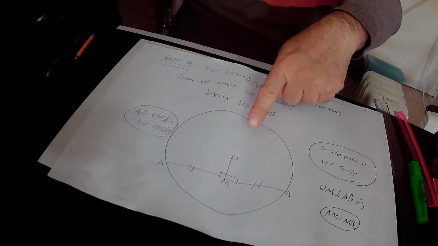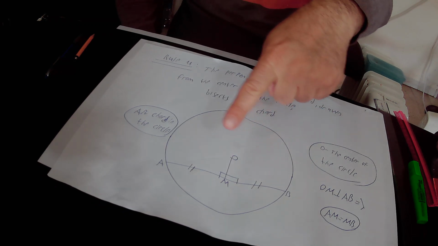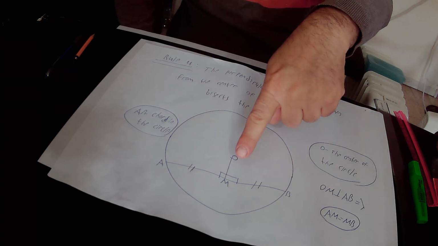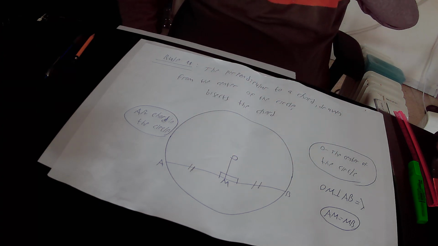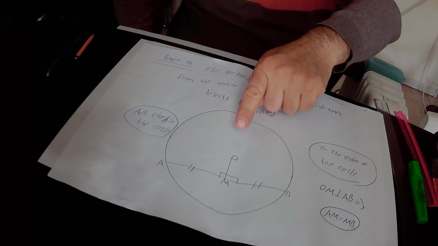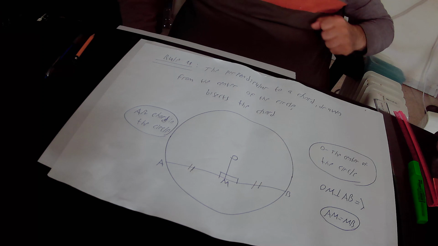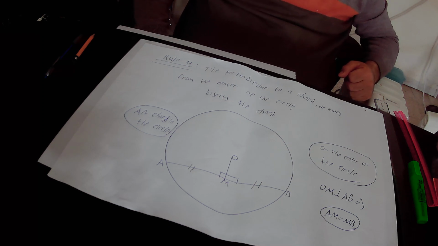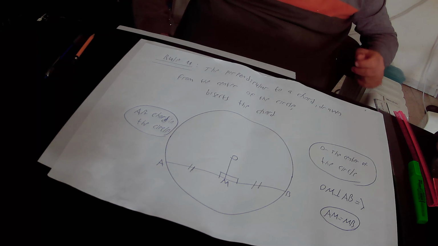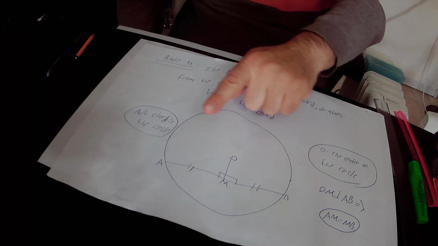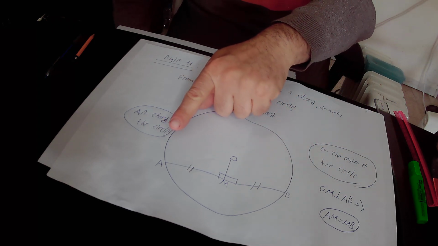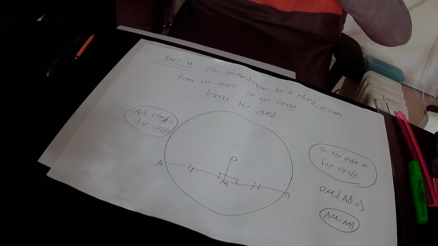We define the touching point of the perpendicular from point O and AB as point M. So OM is perpendicular to chord AB. Whenever you draw a perpendicular from the center of the circle towards any chord, it bisects the chord. So the perpendicular OM bisects chord AB. That is to say AM equals MB.